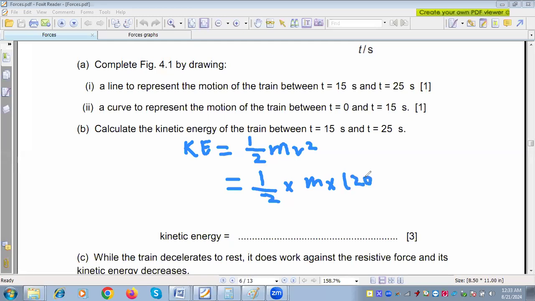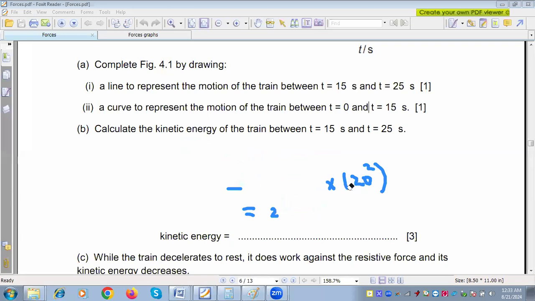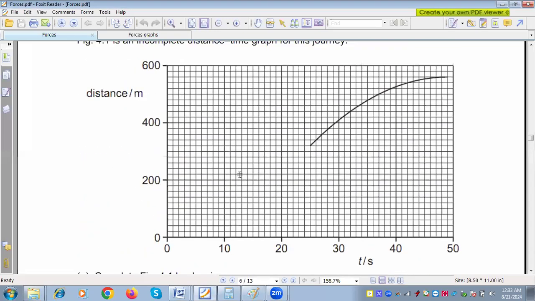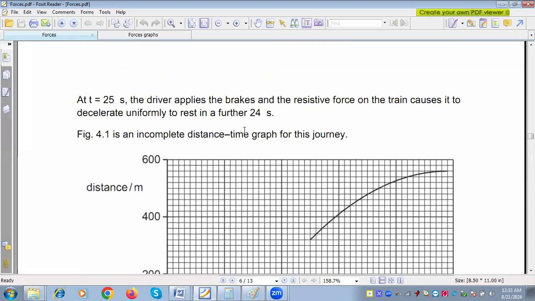So half of 20 squared, 400, means 200 into m. So the mass value has to be seen. 200 into m, the mass of the train.